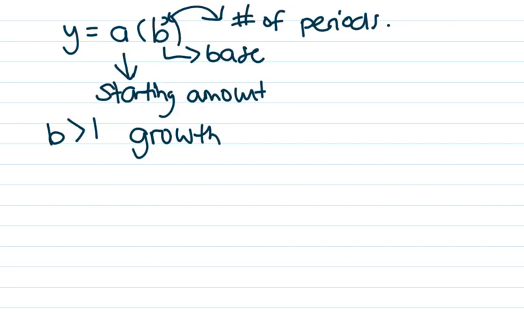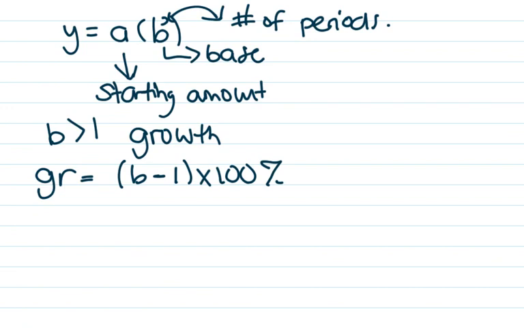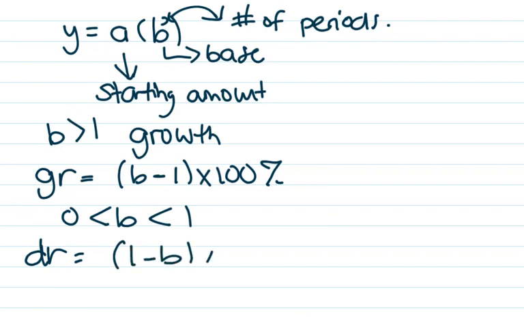And the growth rate calculation is growth rate equals b, the base, minus 1, times 100, and that's going to be a percentage. Then if it's a decay, the base will be between 0 and 1, and the decay rate will be 1 minus b times 100%. All right, so let's do a few examples of that.